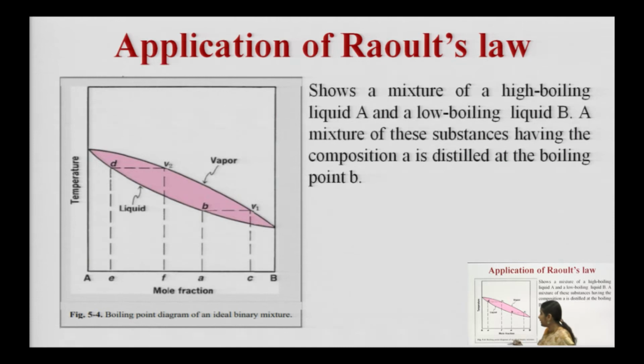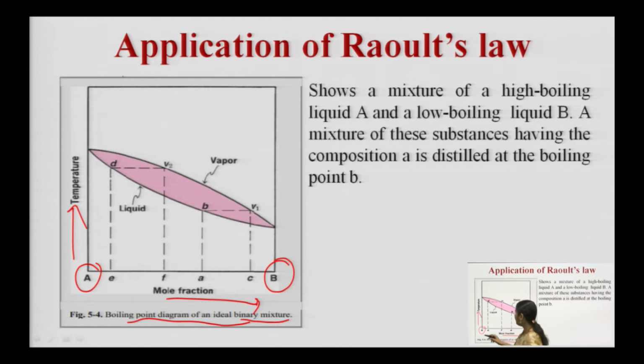Now, if a graph is plotted between boiling point or temperature and composition, given in terms of mole fraction, this is a boiling point diagram of an ideal binary mixture. Suppose we have two components A and B. Here we have 100% A, so its boiling point is this.